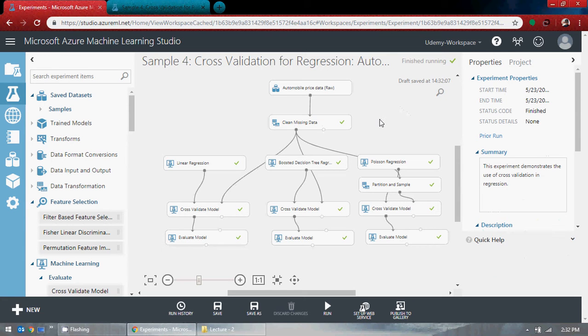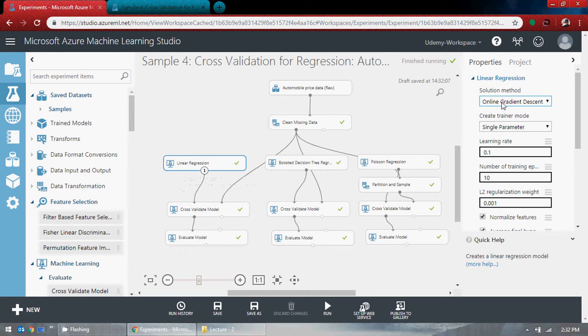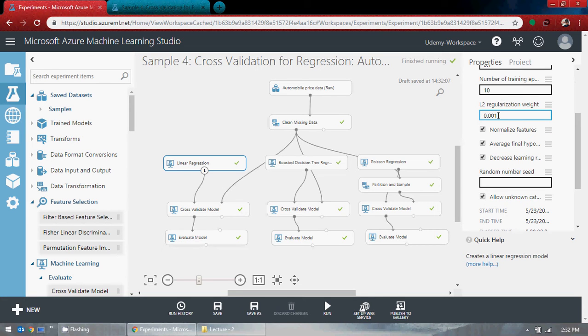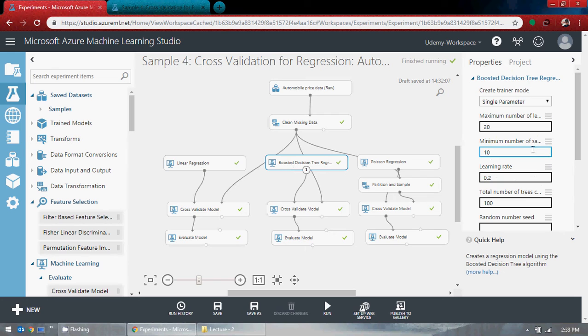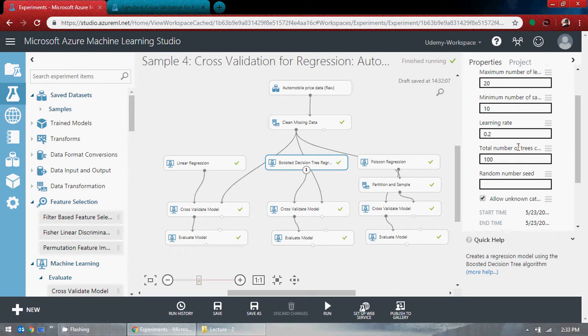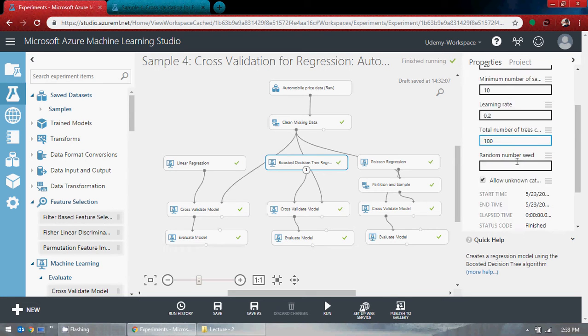Then they are using this regression model of online gradient descent with learning rate of 0.1, number of training 10, and regression weight 0.001. That's very good. And boosted tree regression, with a maximum number of leaves of 20, minimum 10, learning rate 0.2, total number of trees 100.